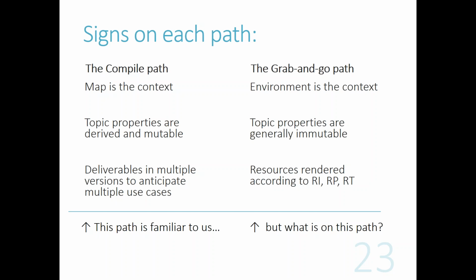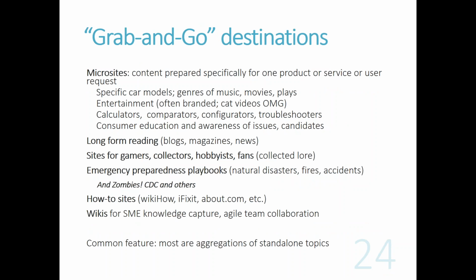A destination for grab-and-go path is typically a microsite. All of these are actually examples of microsites, but when web designers are talking about a microsite, they're usually talking about this first experience. When you go shop for a car, you land on typically a manufacturer, and then drill down to a particular model of a car.